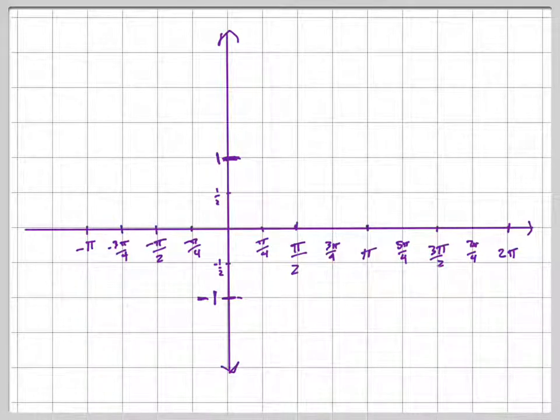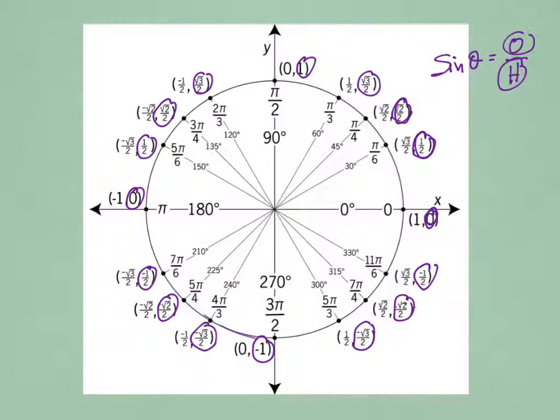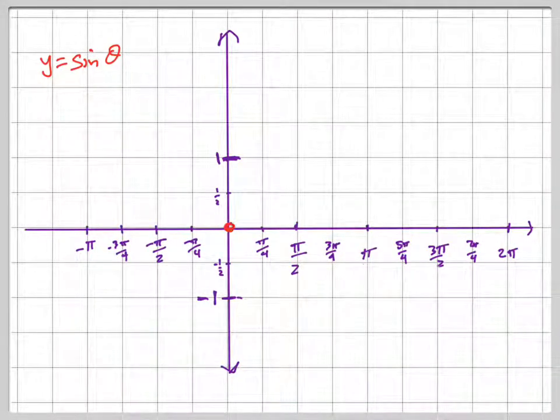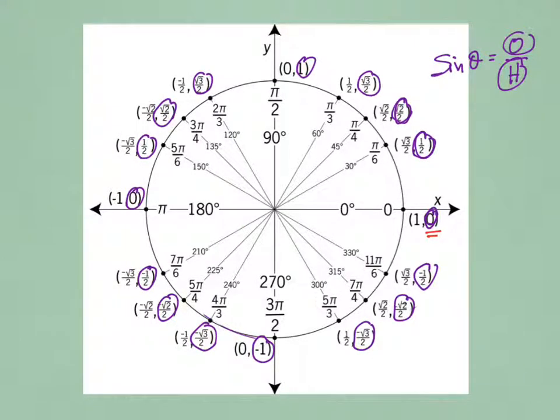Let me get red now, and we're going to graph y equals sine of theta. Let's look first at our basic ones. What's the sine of 0? It's the y value. It's 0, so I'm going to start here. What's the sine of pi over 2?